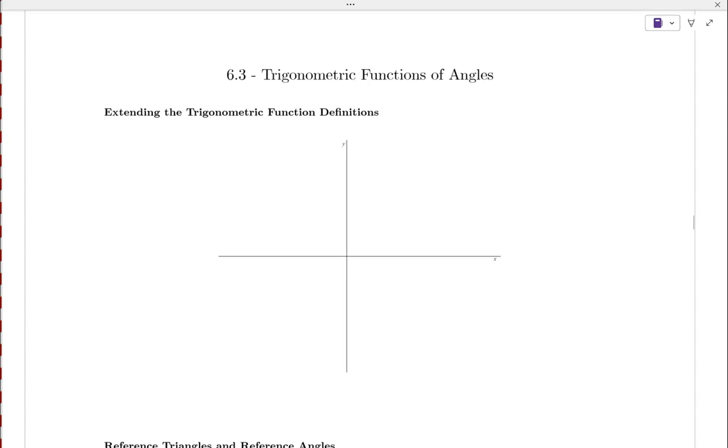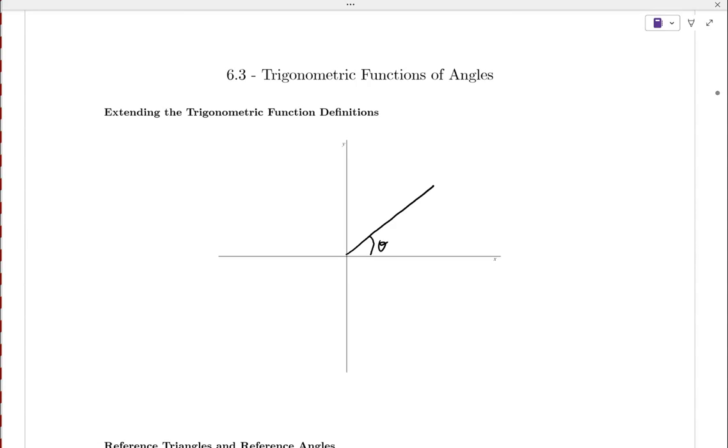So here's the idea. Let's say my angle was over here to start with. Again, we're in standard position, so the initial side is along the x-axis. So the side that I drew in here would be the terminal side. Well, that one definitely is an acute angle.